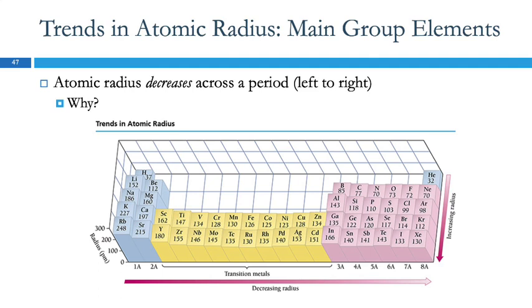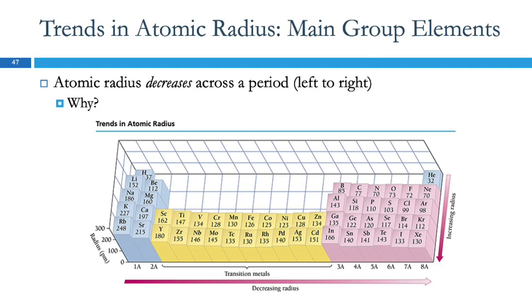Going across a period doesn't make as much intuitive sense. So going down, we see that the radius increases, which makes sense because these are heavier, they're bigger, right? When we go across a period, across a row, the general trend is that the atoms get smaller.